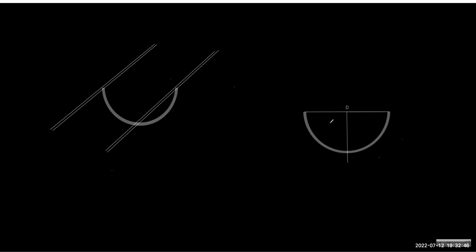You can think of this as the central axis running from here to here. And we're trying to find the electric field here.